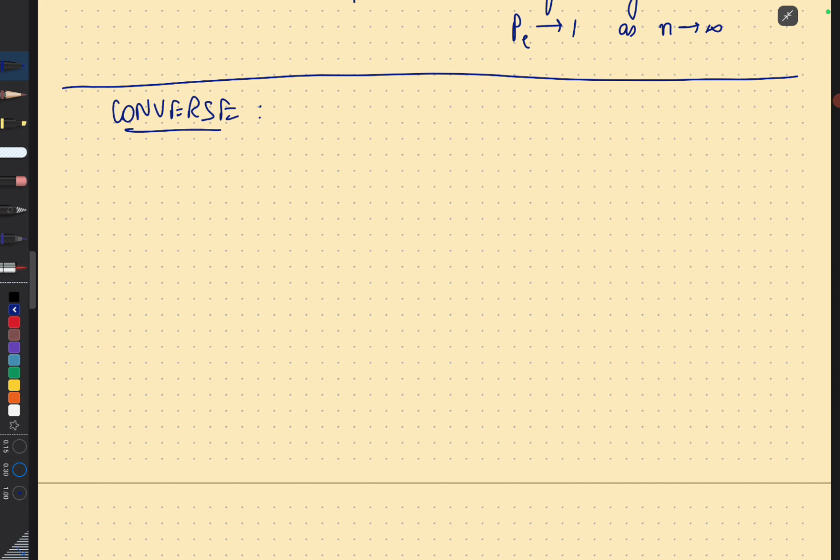And the converse will use the same kind of ideas that we have been using in the past, both for the fixed length lossless source coding theorem, as well as the lossy source coding theorem. The idea is always the same. You start with the rate, you express the rate as an entropy, and from the entropy, you use some inequalities, maybe Fano's inequality and so on, to express that entropy as something that is close to a mutual information. And then we know that the maximum mutual information is equal to the capacity.